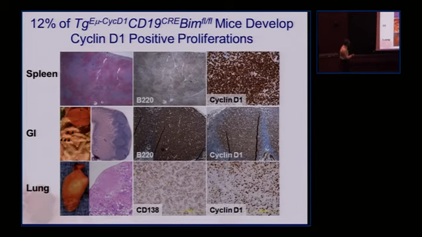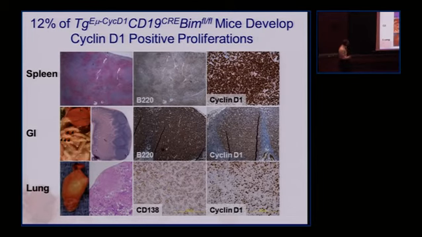Shown on top is a mouse that has a spleen that's diffusely involved by B cells that are cyclin D1 positive. Next is a mouse that had multiple polyps within its GI tract, similar to the lymphomatoid polyposis one sees in mantle cell lymphoma. Again, B cells positive for cyclin D1.